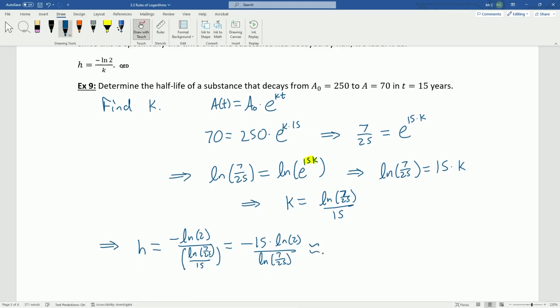At this point, this is just plugging into a calculator. So what do we get? We get negative 15 times the natural log of 2 divided by the natural log of 7 over 25. That's approximately 8.17. So roughly the half-life of this substance is 8.17 years.